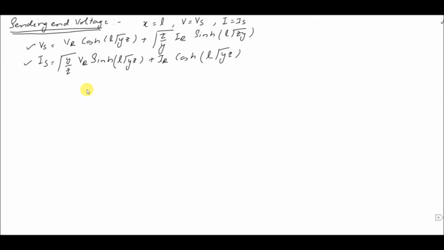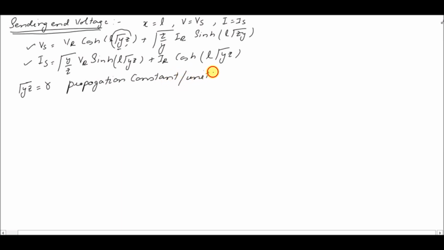Now here we have one quantity that is under root YZ. This is gamma, which is known as the propagation constant, and normally measured in per unit length.